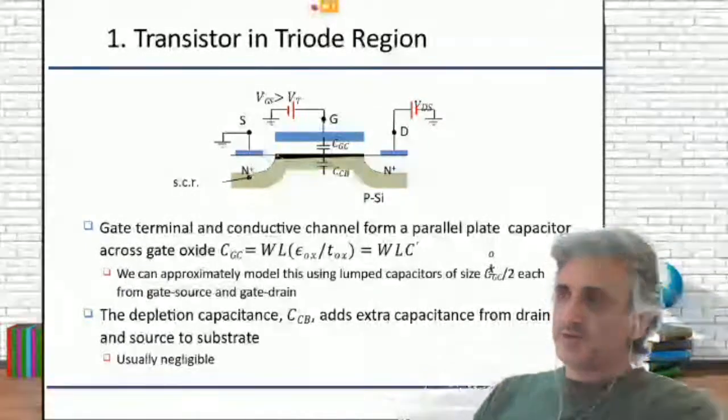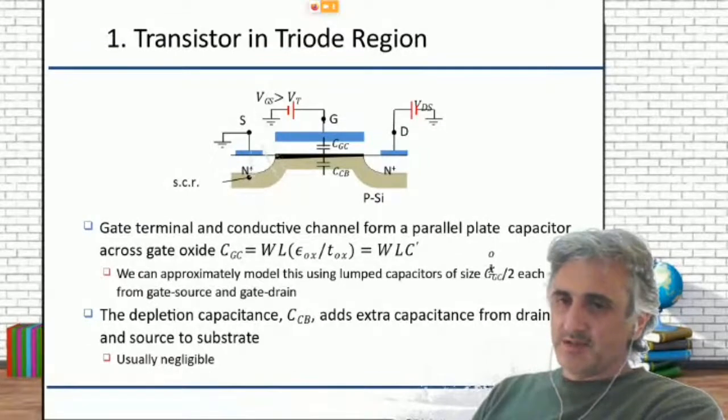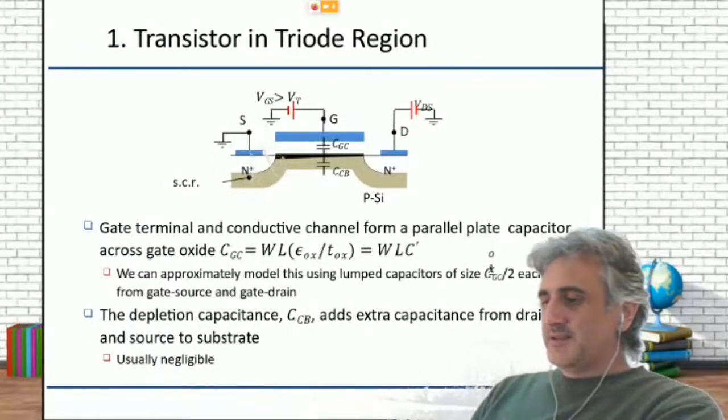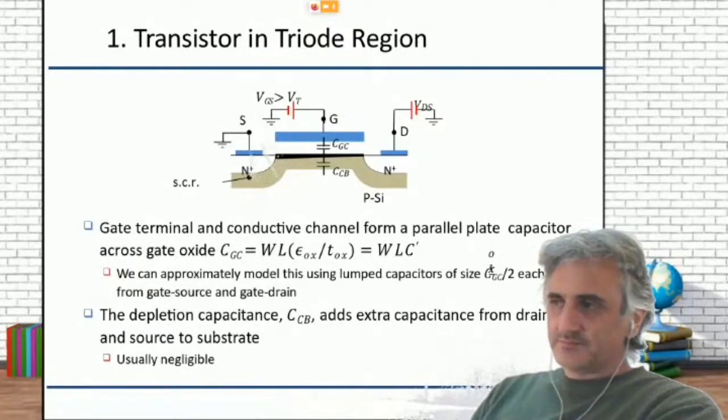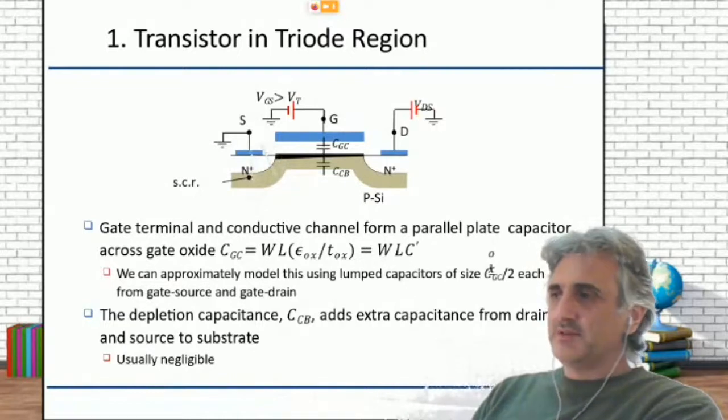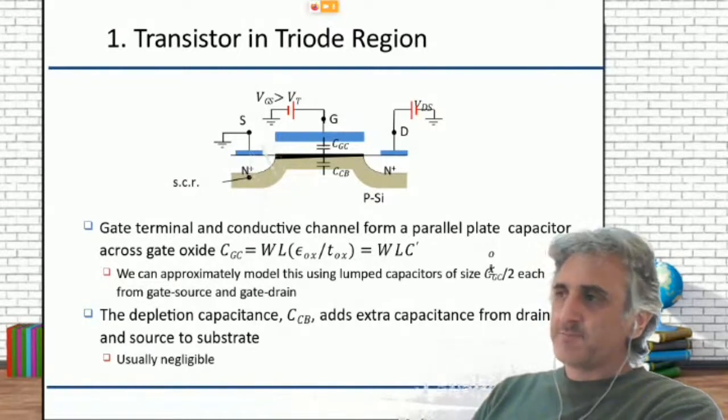We usually call this epsilon divided by T, C prime, which is the gate capacitance per area unit. So this is more or less a constant capacitance.